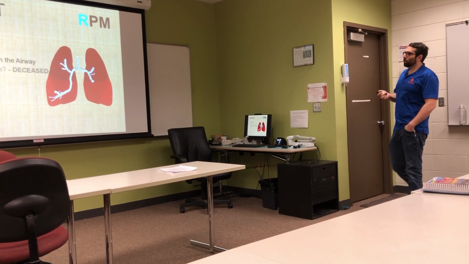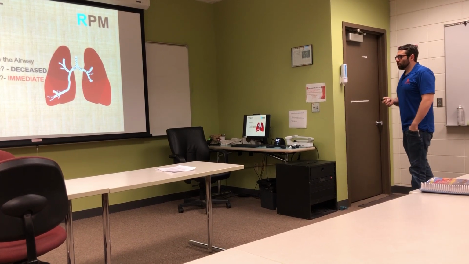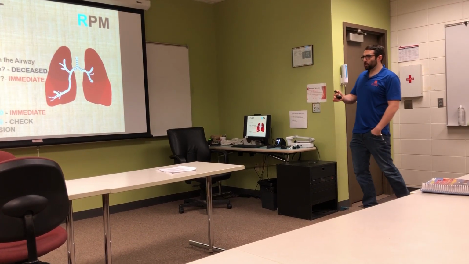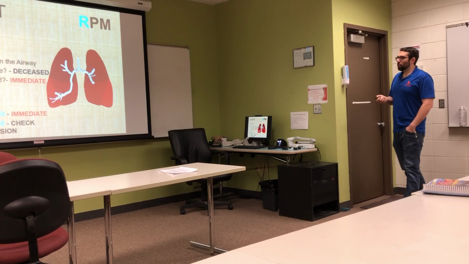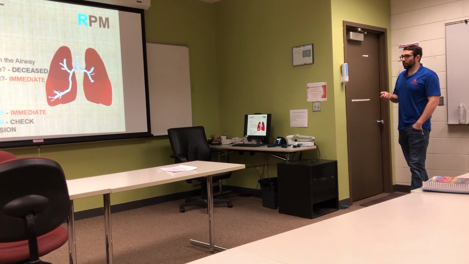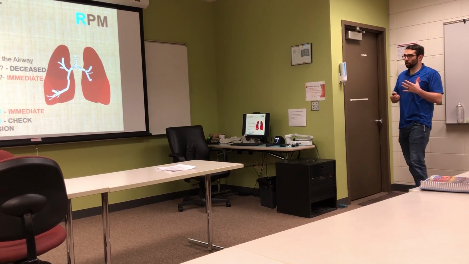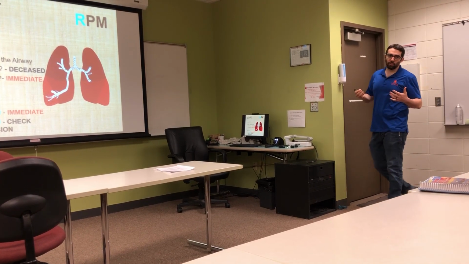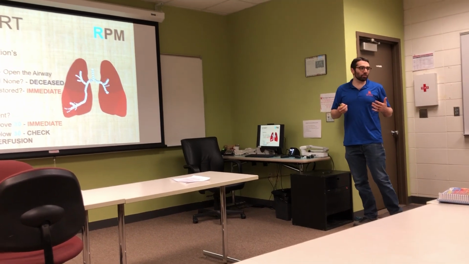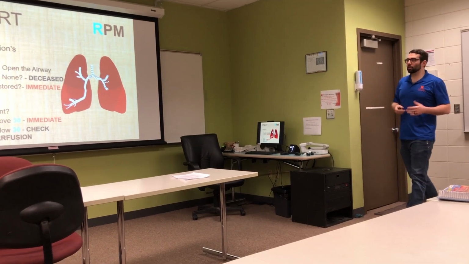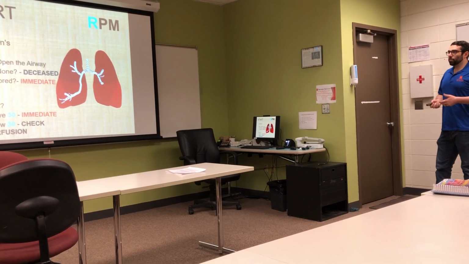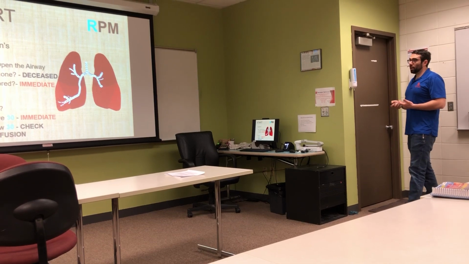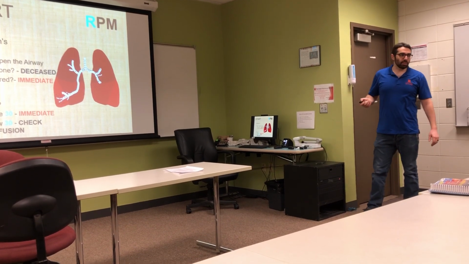So the R in our RPM is going to be respirations. So we're going to start with our first patient. We're going to check their respirations. If they don't have any respirations, we're going to do a quick open the airway using a manual jaw thrust. Usually most of these MCIs are trauma-based, so I wouldn't suggest doing head tilt chin lifts on anybody. Do a quick manual jaw thrust. If they're still not breathing, black tag, deceased.